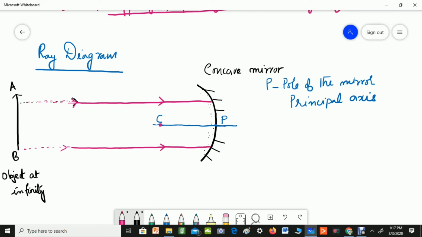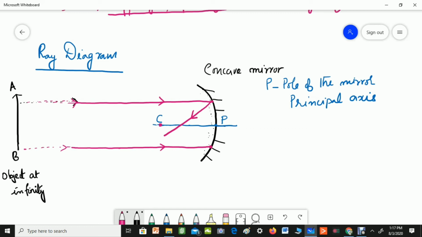Now you already know when light rays fall on the concave mirror, it undergoes reflection. Any kind of mirror undergoes reflection. This is the point of incidence. When it strikes the mirror, it undergoes reflection. This one is the reflected ray.